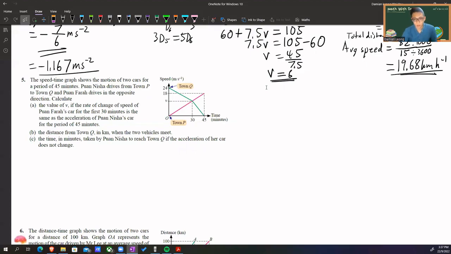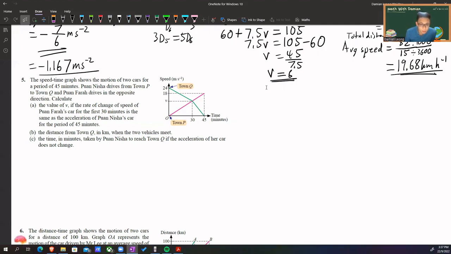Which means they're talking about the magnitude of it being the same. They're not really, because one is actually negative in a sense. One is actually slowing down, one is speeding up.